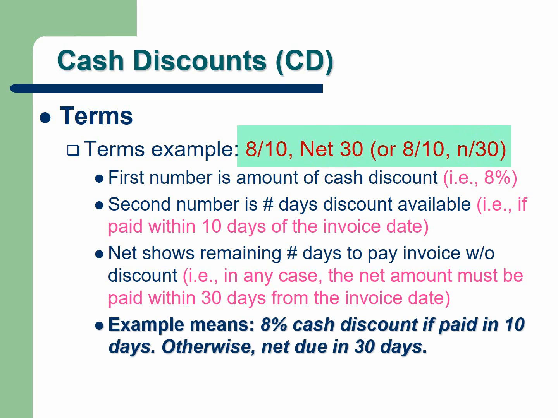So overall, this term, 8/10 net 30 or 8/10 n/30, basically means that you're going to get an 8% cash discount if you pay the invoice in 10 days from the invoice date, or the absolute net payment will be due in 30 days from the invoice date.